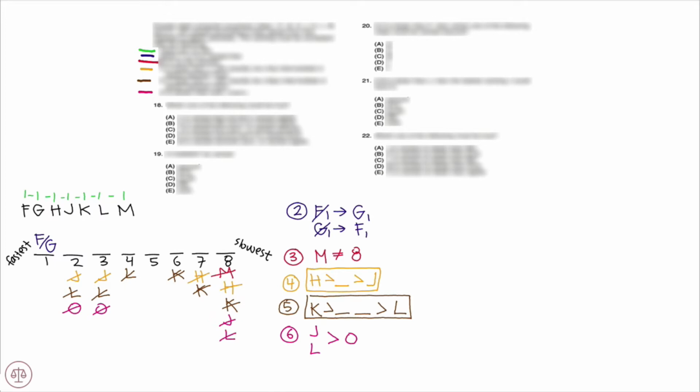Now we can go further on this and say, since O is after J and L, we can add on to rule 4 and say L is somewhere here. We don't know where L is in relation to J, but then O is after both. Similarly with rule number 5, we can say J is somewhere here. We don't know its relation to L, but we know that O is going to be after it.